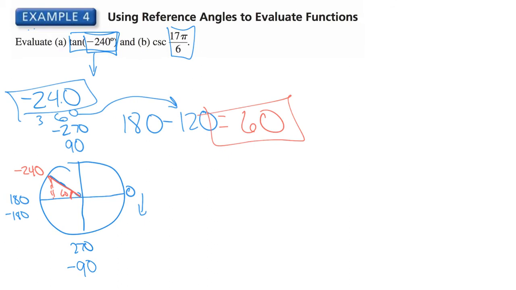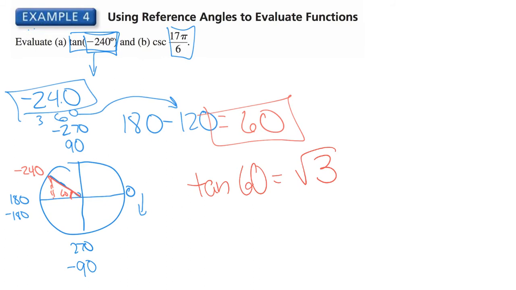You should have a table of values for all your trig functions. Within that table of values, it tells you what tangent of 60 degrees is. If you find tangent of 60 degrees, it's going to tell you that tangent of 60 degrees is √3.